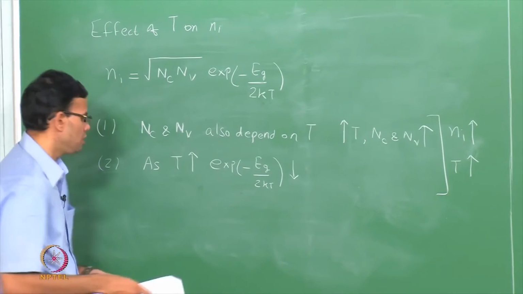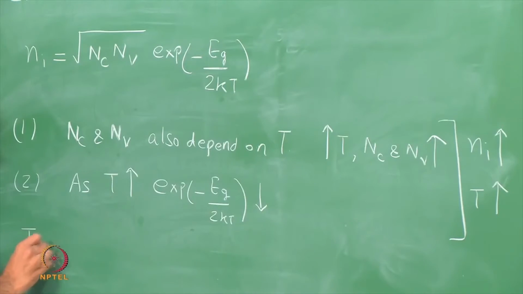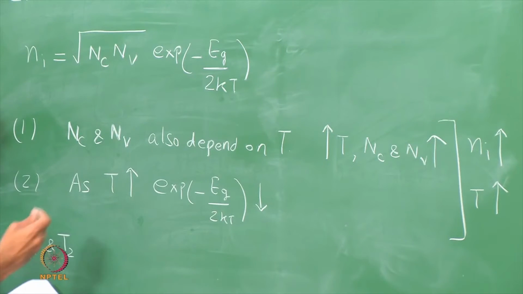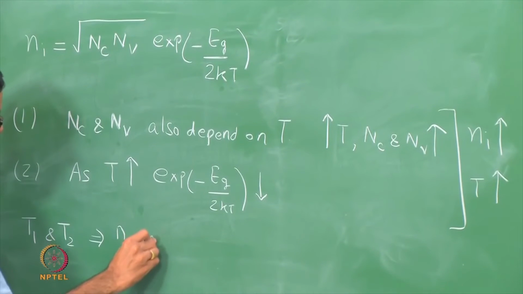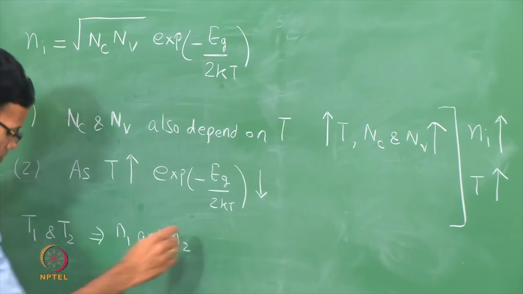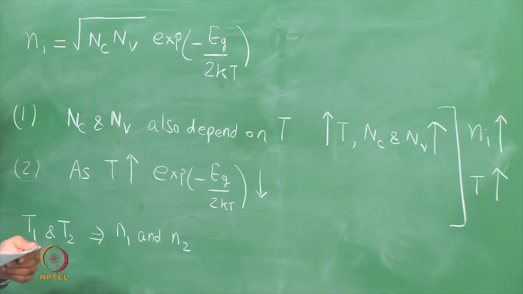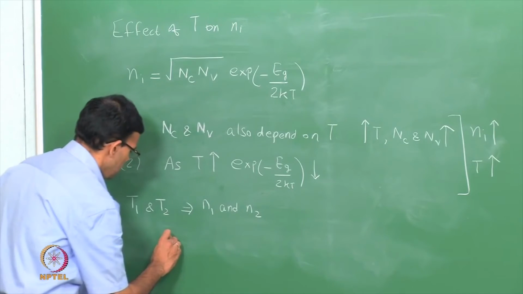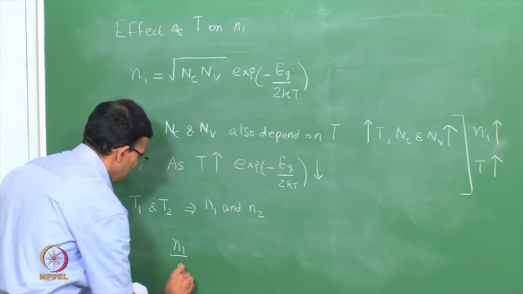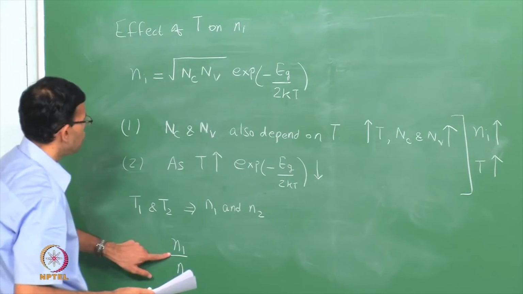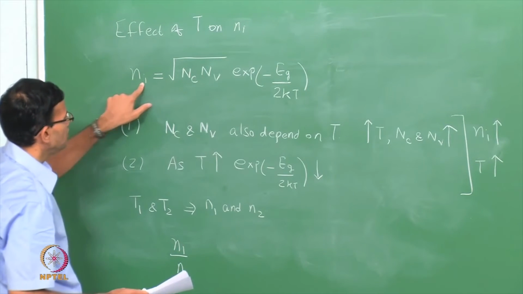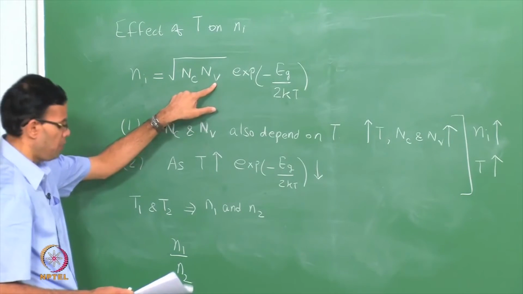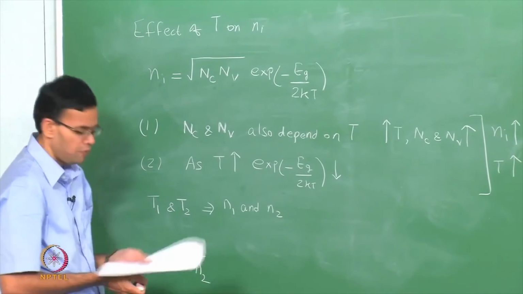So, consider the case of silicon where we have two temperatures T1 and T2 and there are two intrinsic carrier concentrations N1 and N2. In this particular case, you can calculate the ratio of N1 and N2 by substituting them in this equation and also taking the temperature dependence of Nc and Nv into account.